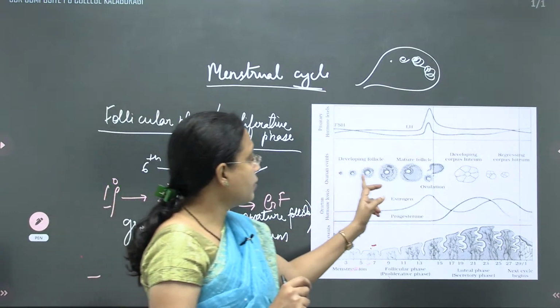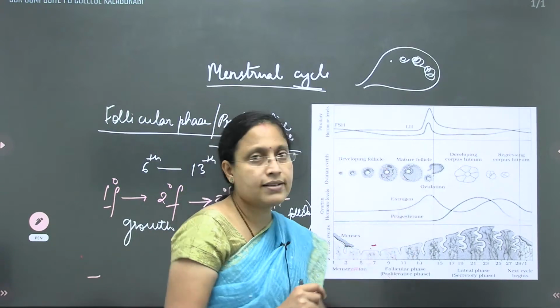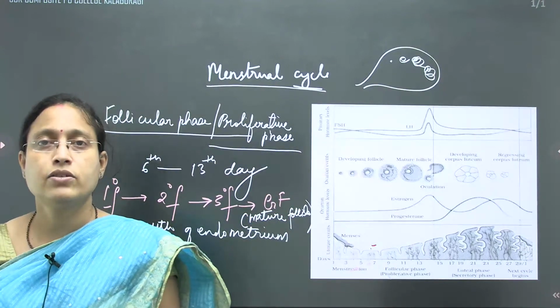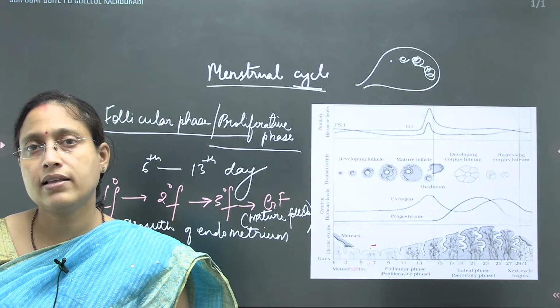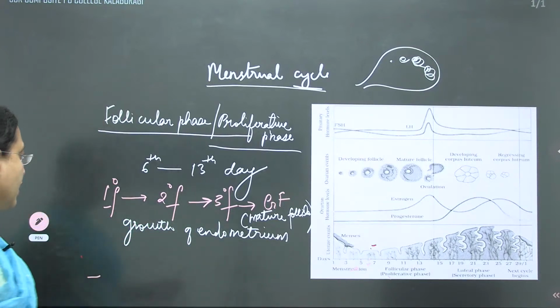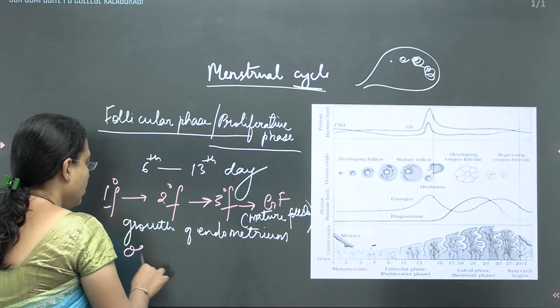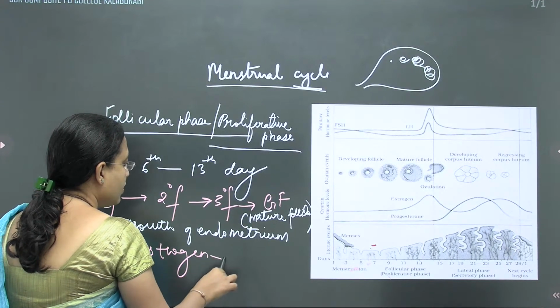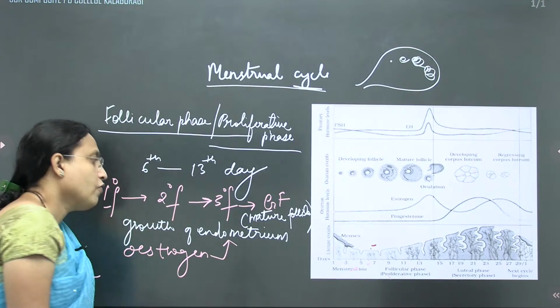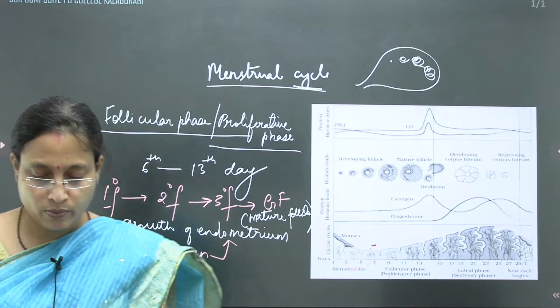As the follicles grow, the follicles secrete estrogen. I told you the secretory part is the theca interna, the theca cells. They will secrete a hormone called estrogen, which in turn is responsible for the growth of the endometrium.